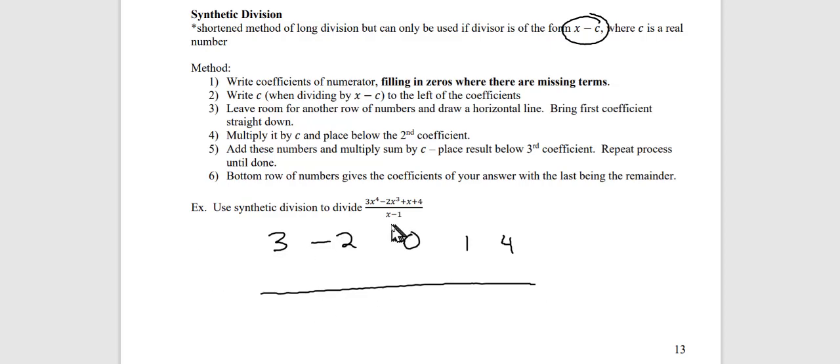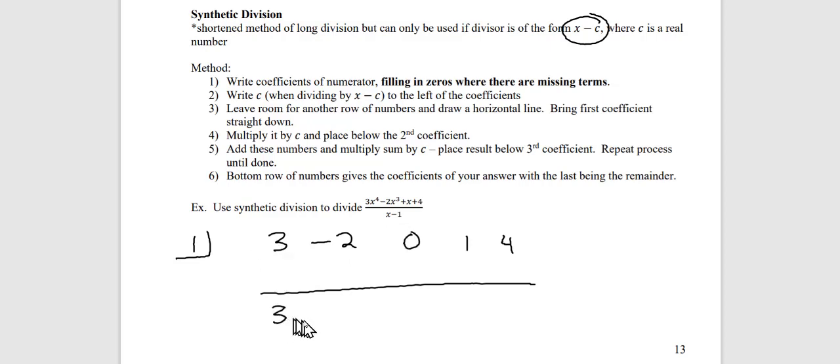I'm going to write what we are dividing by over here. In this case, it's going to be 1 because we are dividing by x minus 1. So that minus sign is sort of taken into account there. Sometimes people want to put -1, but it's just 1.